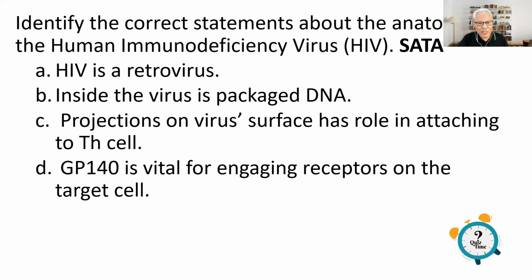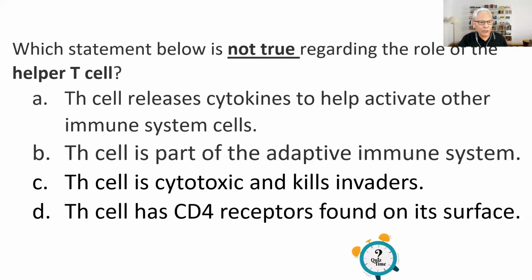Option C is incorrect because it should say the glycoproteins, specifically GP120 and not GP140, are vital for engaging the receptor on the target cell. Oh, that's letter D. It's GP120, not GP140. So it should be A and D. I'm sorry. Okay. Let's go to another question.